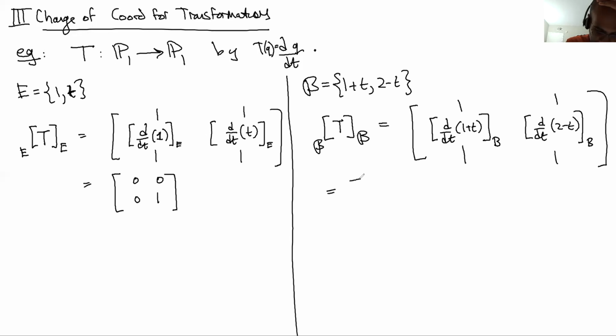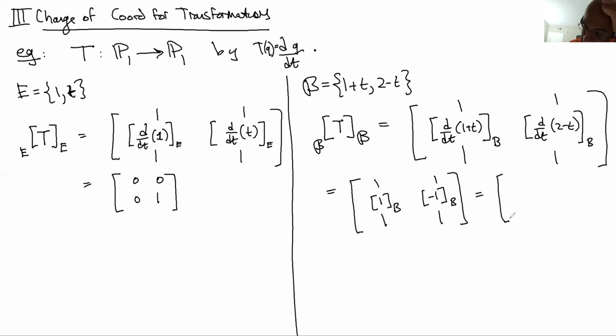So what is that? Well, the derivative of 1 plus t is actually just 1. And the derivative of 2 minus t is just minus 1 in the B basis. And well, you can write this out.